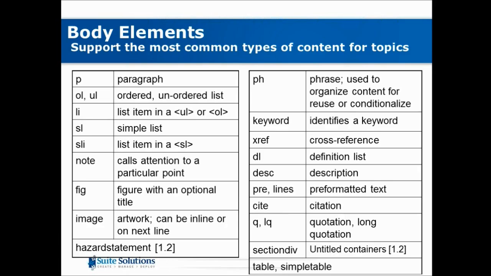So for example, let's say I have a task and I have a prerequisite. The prerequisite can be a sentence, or it can be an ordered list, or it can maybe include a note or a figure.